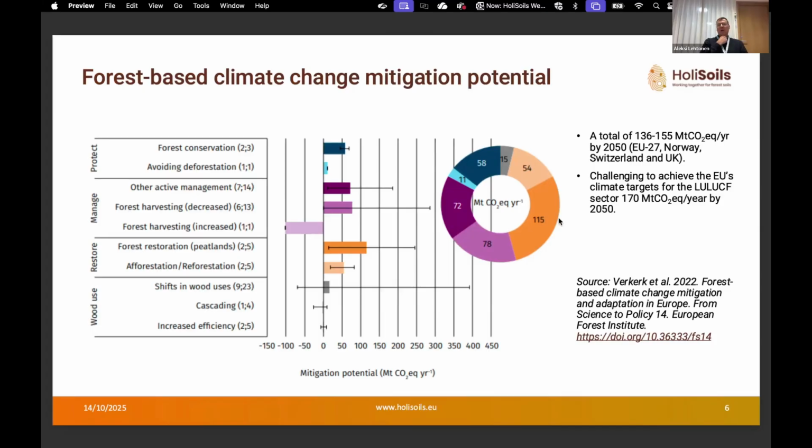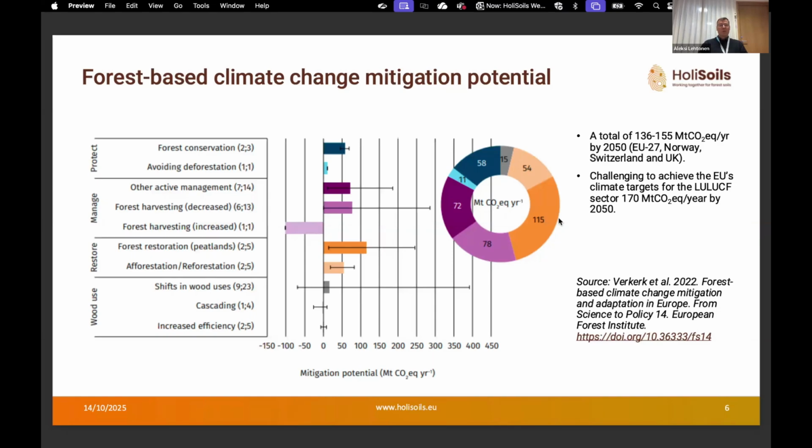Then why all these policies, and why do we have it? This is a work by EFI and Hans Werkkerk et al. from 2022. It's a report by the European Forest Institute showing that we have different land-based mitigation strategies, noting though that all of those have high uncertainties.